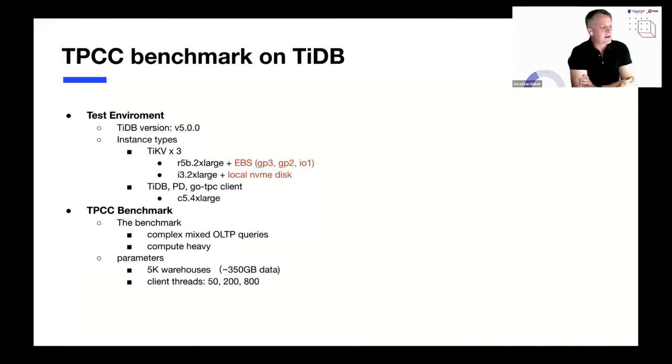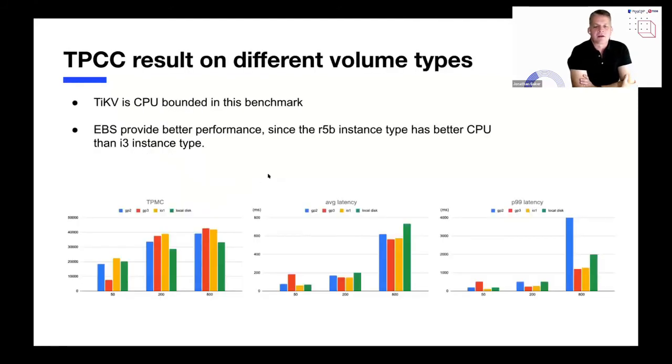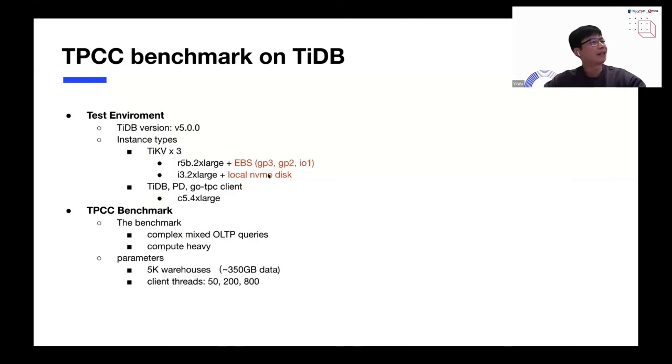So the next question actually comes from Hanu. He said he is a little confused by why R5B with local disk would be bad in performance and R5B with EBS. Could you explain the difference between the two? Why is the EBS better? Can you basically just clarify that a little bit? Actually, R5B doesn't provide local disk.